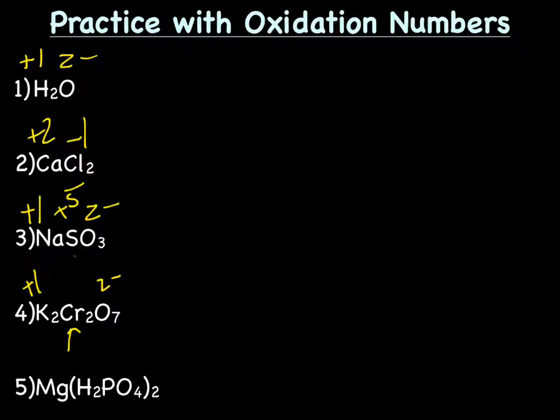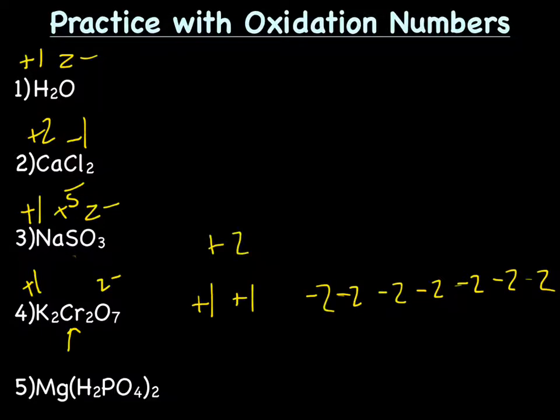All right, so we have 2 potassium, so we have plus 1, and we have 7 oxygens, 1, 2, 3, 4, 5, 6, 7. So right now we have a total of 2 pluses and 2, 4, 6, 8, 10, 12, 14.